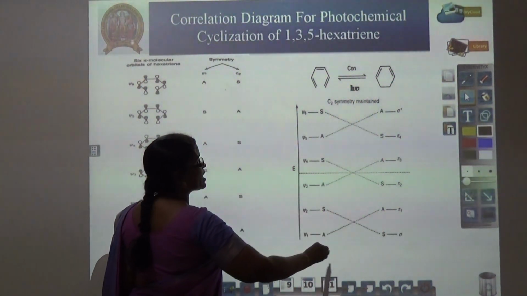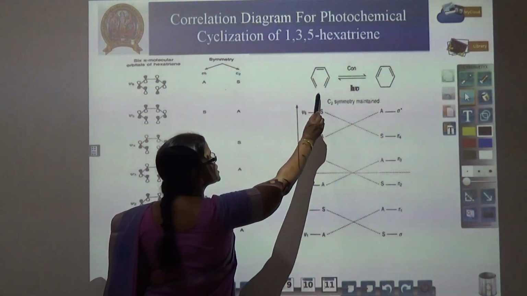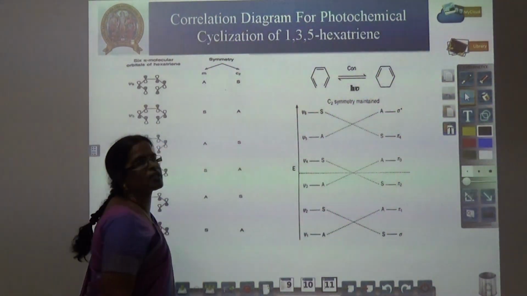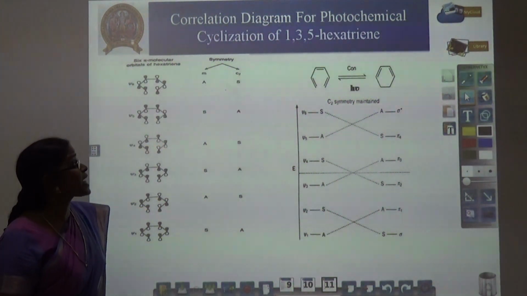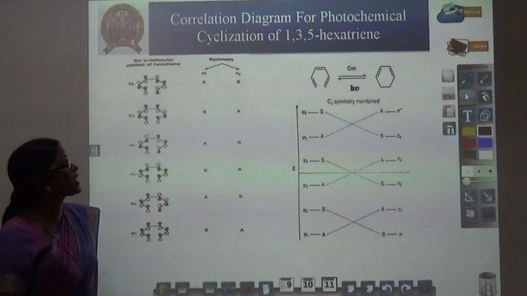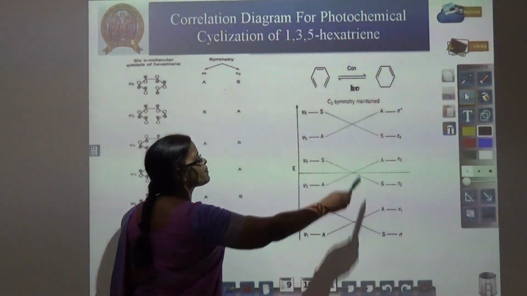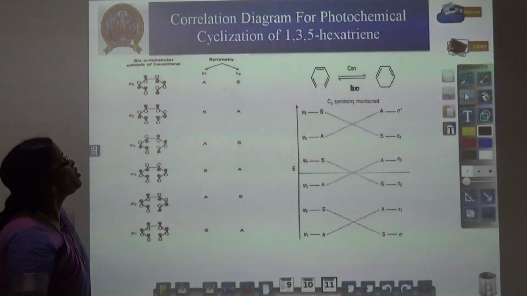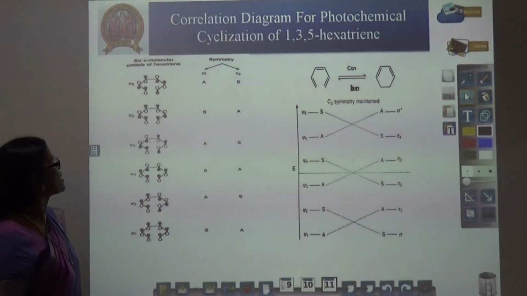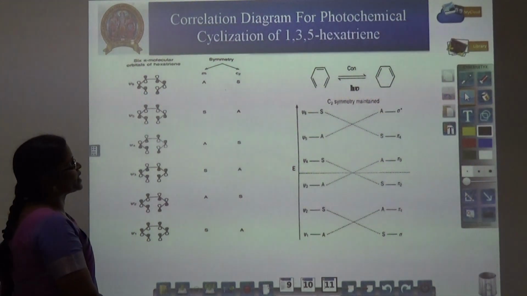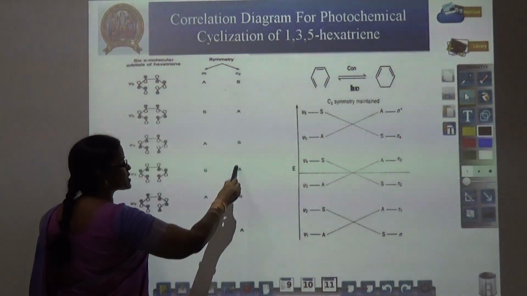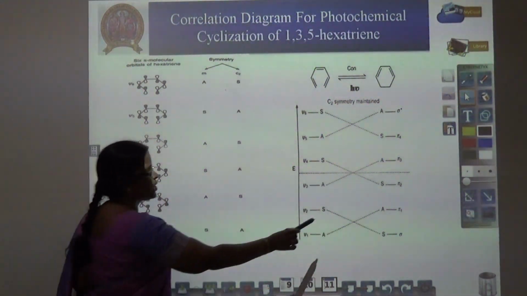So this correlation diagram is for the conversion of 1,3,5-hexatriene to cyclohexadiene under the conrotatory process in the presence of light, that is, photochemical cyclization of 1,3,5-hexatriene. This C2 axis of symmetry is used.